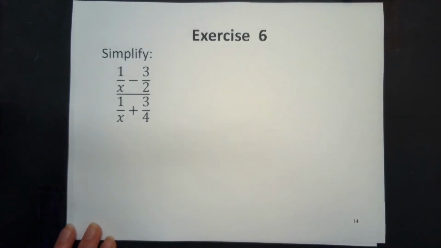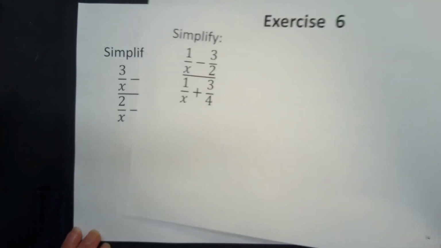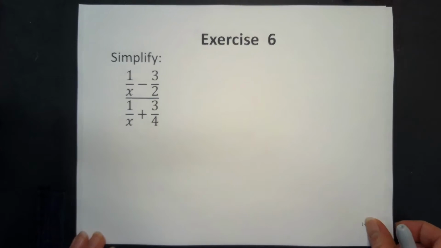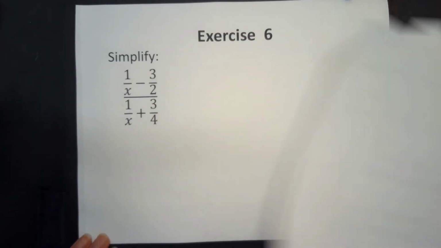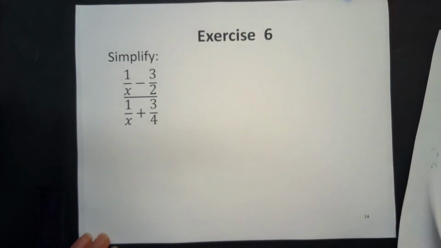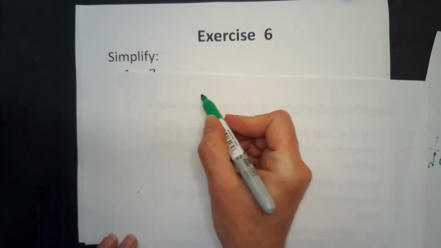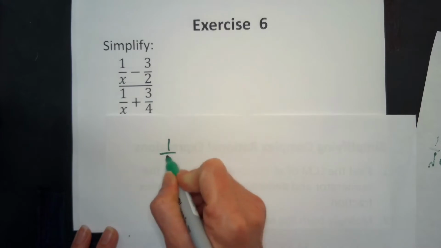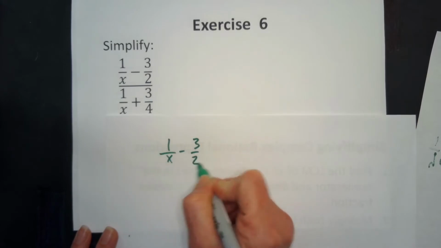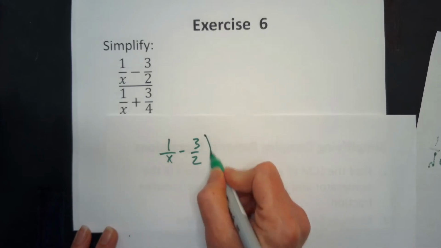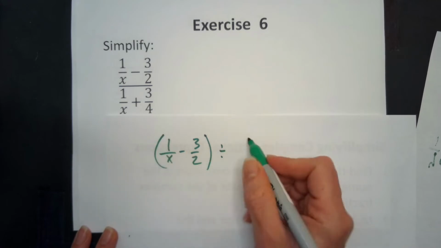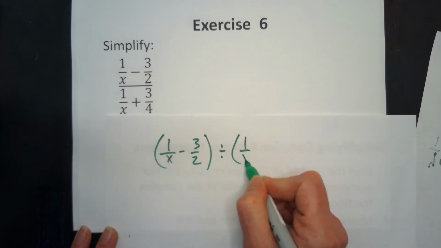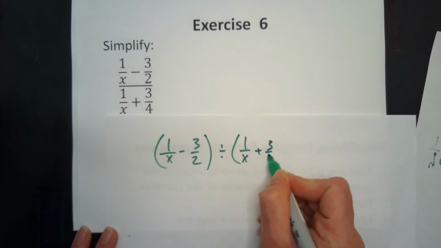So there's a couple ways of doing this. One way is easier than the other. The first way is to rewrite this expression as 1 over x minus 3 over 2, divided by 1 over x plus 3 over 4.